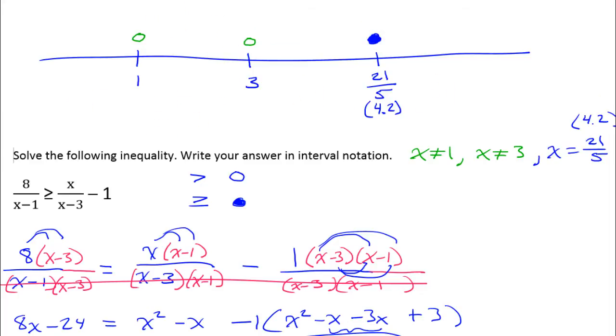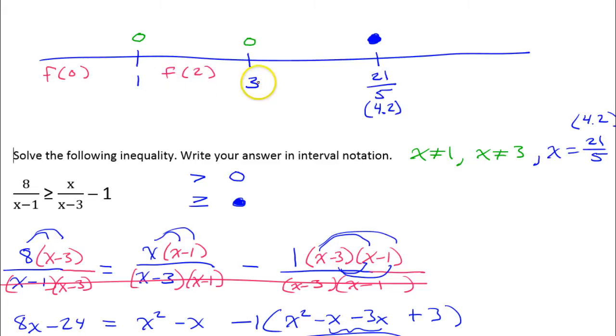Okay, so here's where we do our test values in each zone. So over here to the left of 1, I could use anything less than 1: 0, -1, -2. I'll just do 0. In between 1 and 3, an easy value to choose would be the number 2.